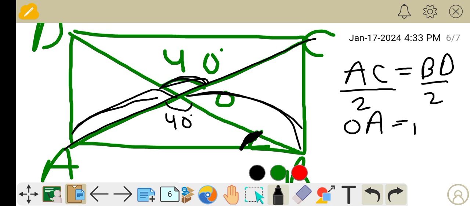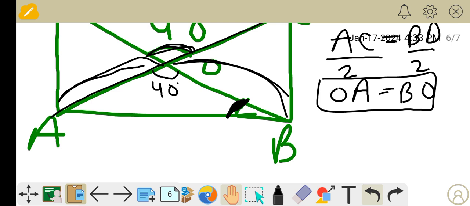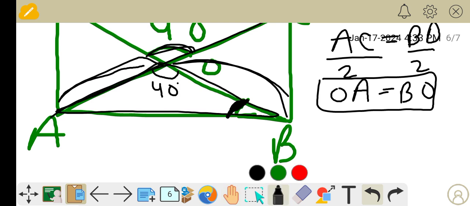Now consider this statement: OA equals BO. In the triangle these two sides are equal, so the triangle is isosceles and the opposite angles should be equal. So if this angle is x, this also should be x.